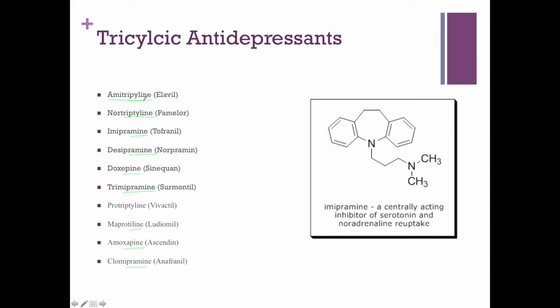Like amitriptyline is sold as Elavil. So knowing the name Elavil is, I guess, good for you if you want to, but knowing the generics, you start to build up these associations. Like when you see imipramine, you think, oh, that sounds like amitriptyline, ipramine. That's probably a tricyclic antidepressant.